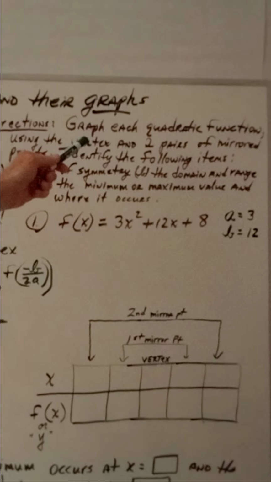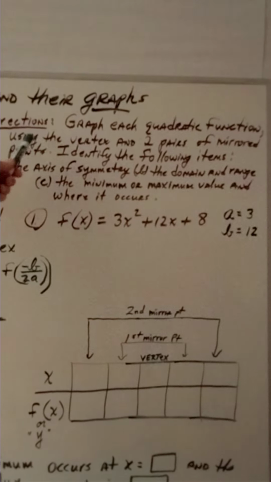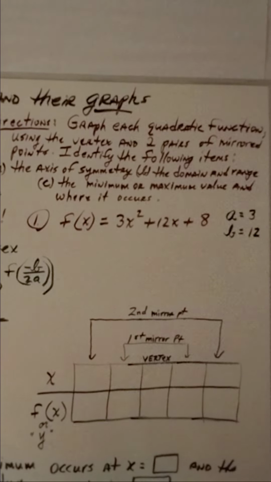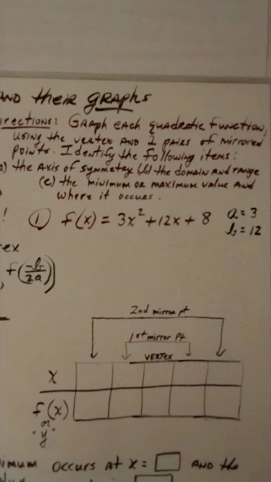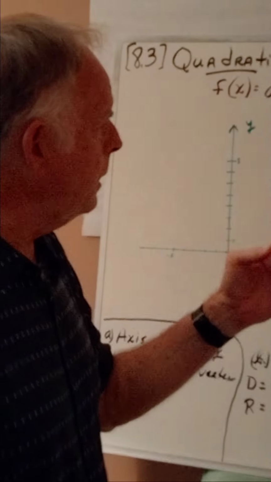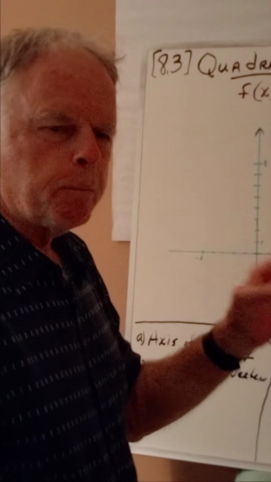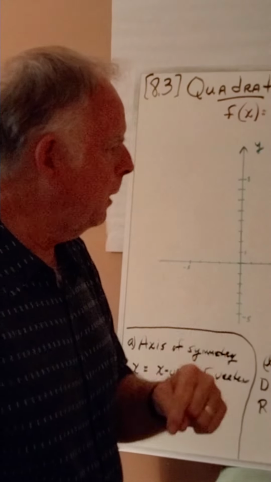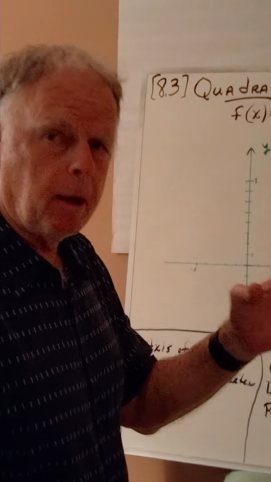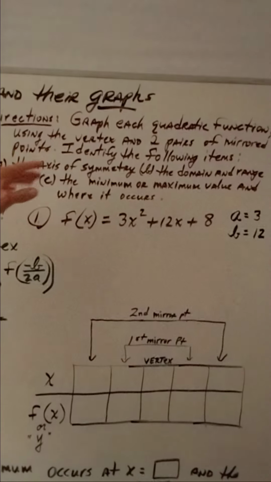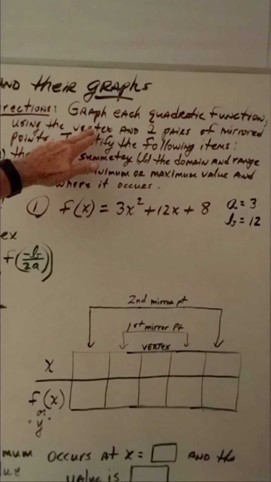Graph each quadratic function using the vertex and two pairs of mirrored points. I'm going to stop right there. There is going to be a total of 5 points that you're going to be asked to come up with in order to graph the parabola. One of those points, the precious point of the mix, is the vertex.